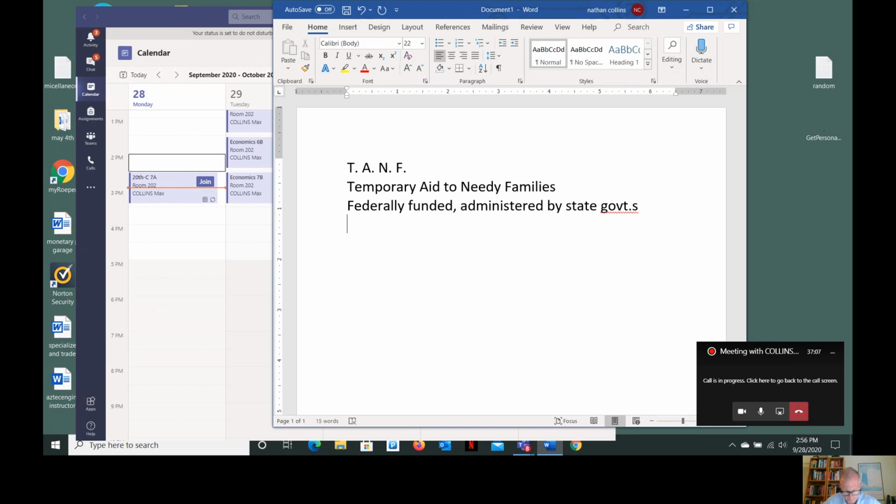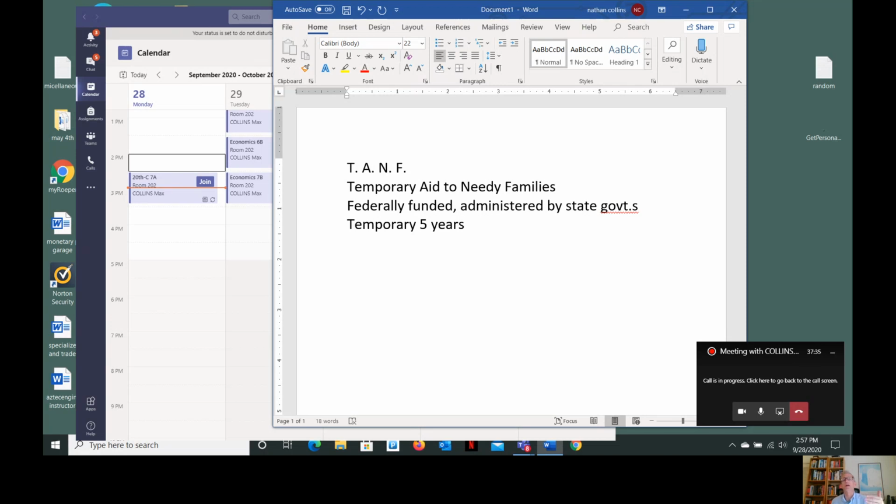One of the important things about TANF is that it is temporary. That's what it says right there in its name. A family that falls into poverty might be eligible for TANF, but that eligibility lasts for only 5 years. At the end of 5 years, the benefits come to an end.